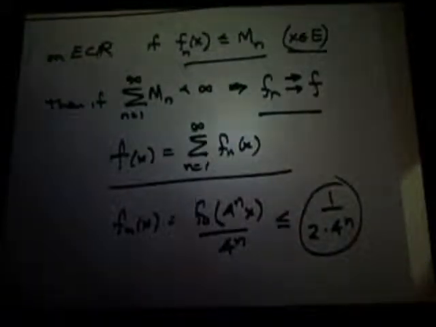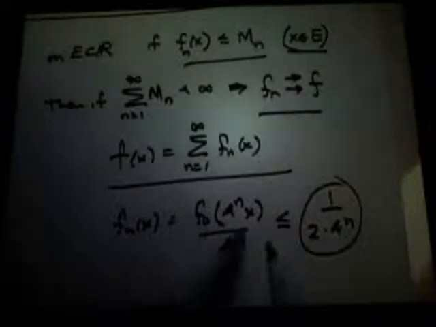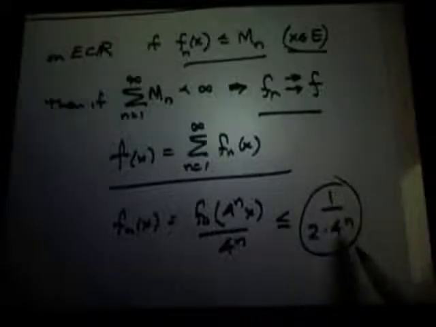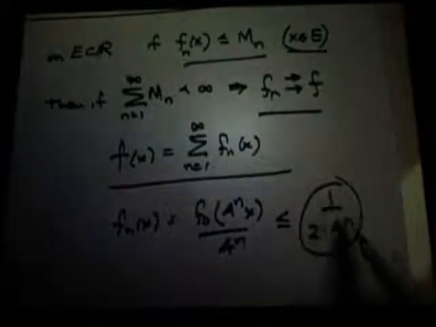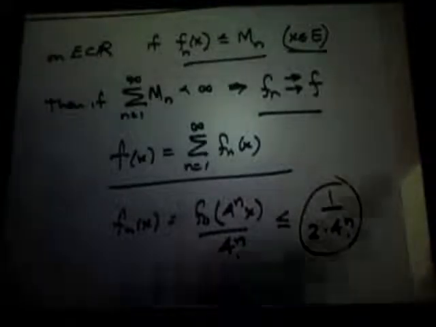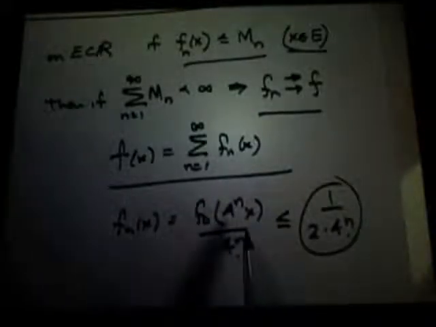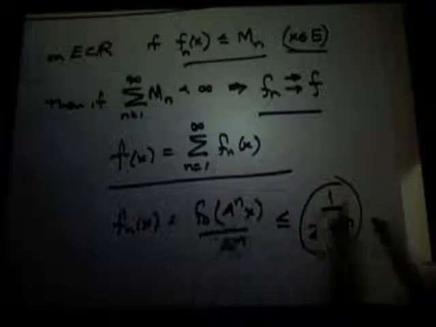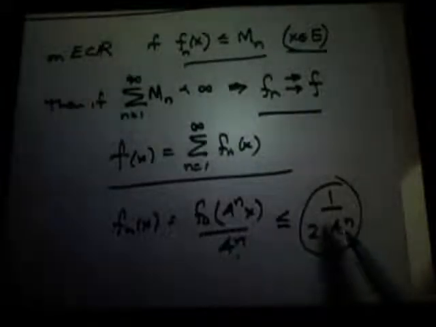I think so, isn't it? f_0 is never bigger than 1/2. It's always positive, never bigger than 1/2. So there's the 1/2, and then I'm dividing by 4 to the n. For any real x, this is always going to be true, isn't it?